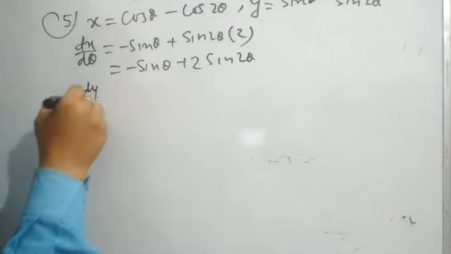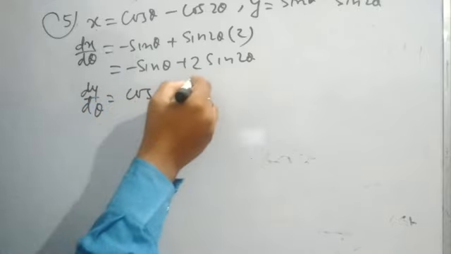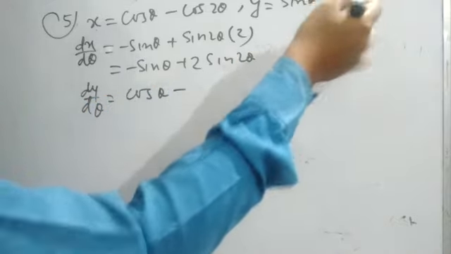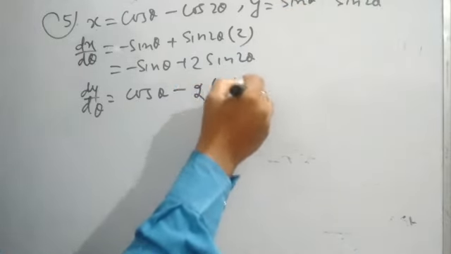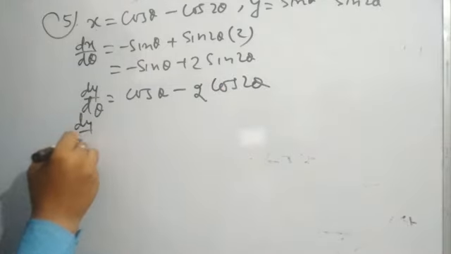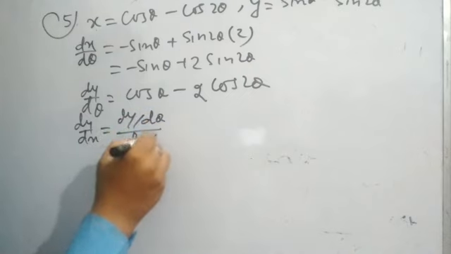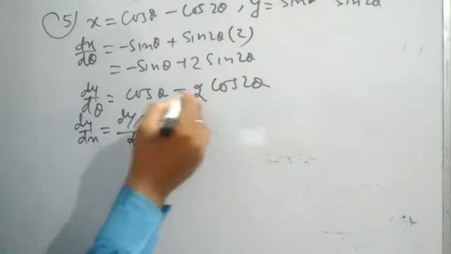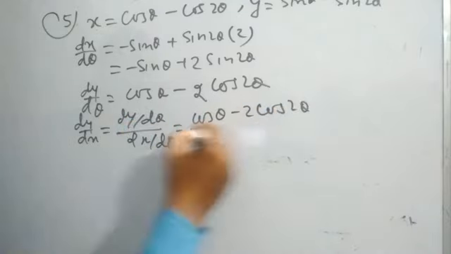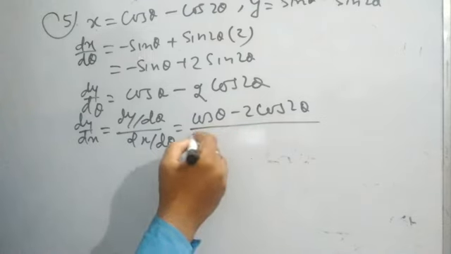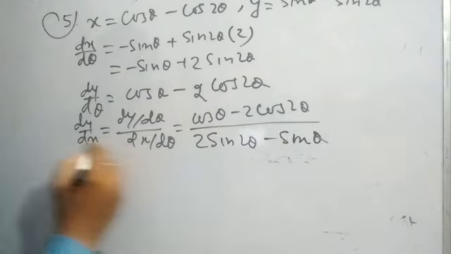Again dy by d theta, the derivative of sin theta is cos theta, minus again the derivative of sin 2 theta, cos 2 theta into derivative of 2 theta, 2. So it will be 2 cos 2 theta. Then dy by dx is equal to dy by d theta divided by dx by d theta, that is equal to cos theta minus 2 cos 2 theta divided by 2 sin 2 theta minus sin theta. It will be the answer.